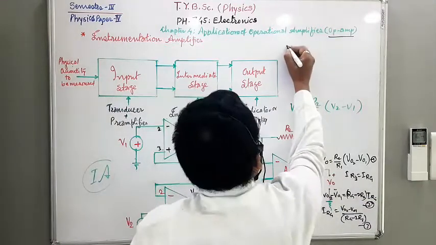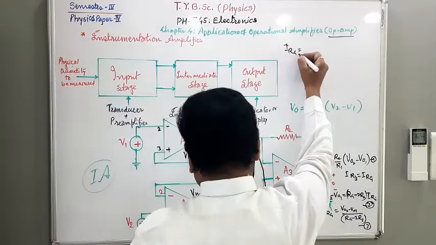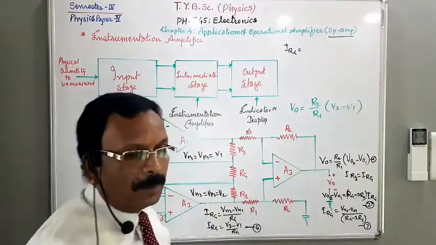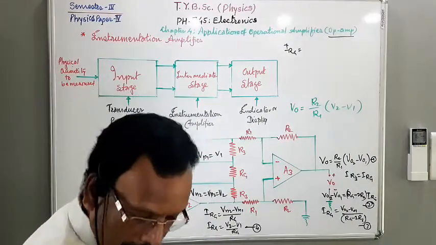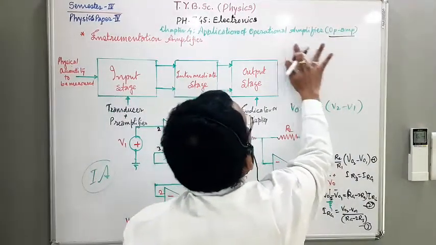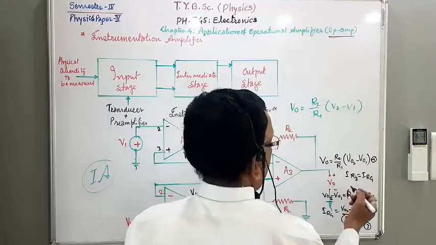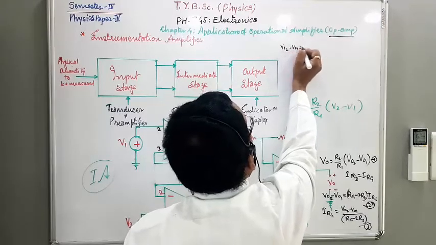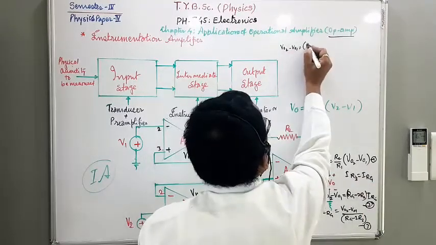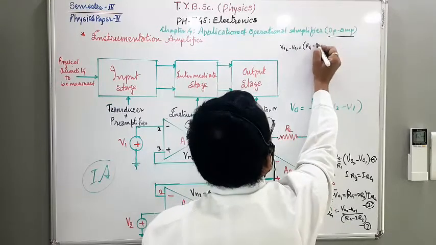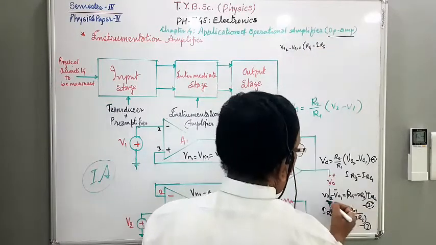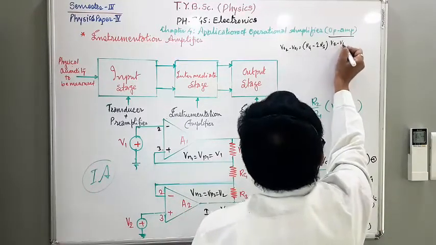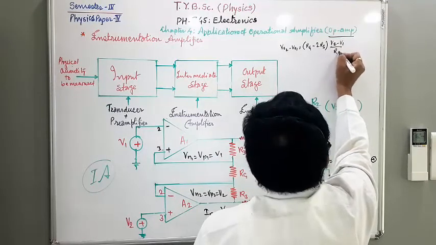Simply in equation 2, VO2 minus VO1 is equal to RG plus 2R3 into V2 minus V1 upon RG.